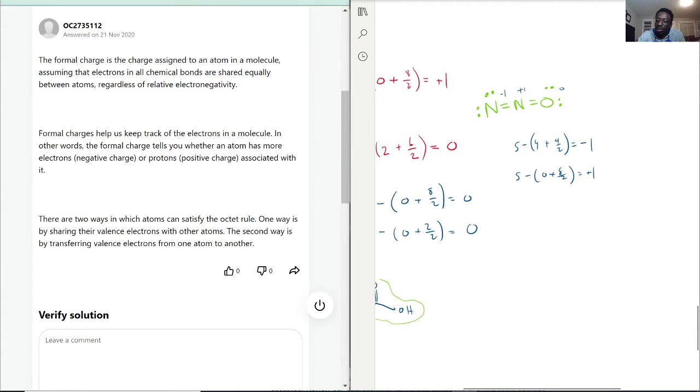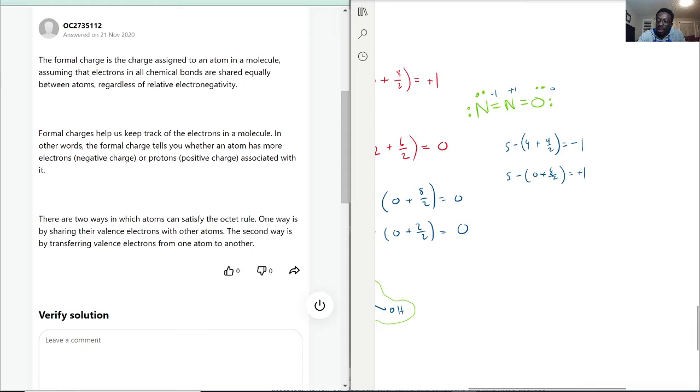Another one would be something like this. So still the same molecule, just a different resonance structure. In this case, the middle nitrogen is still going to be a plus 1 because nothing has changed. It's still only sharing 8.